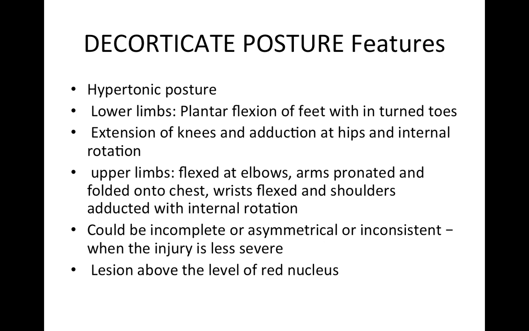Okay, this is flexor hypertonicity in the upper limbs with extensor hypertonicity in the lower limbs. This is usually symmetrical, but it could be incomplete or asymmetrical, associated with injury of less severity. So lesions, as I told you, are above the level of the red nucleus. They could be in the diencephalon, or in the midbrain above the level of the colliculi.